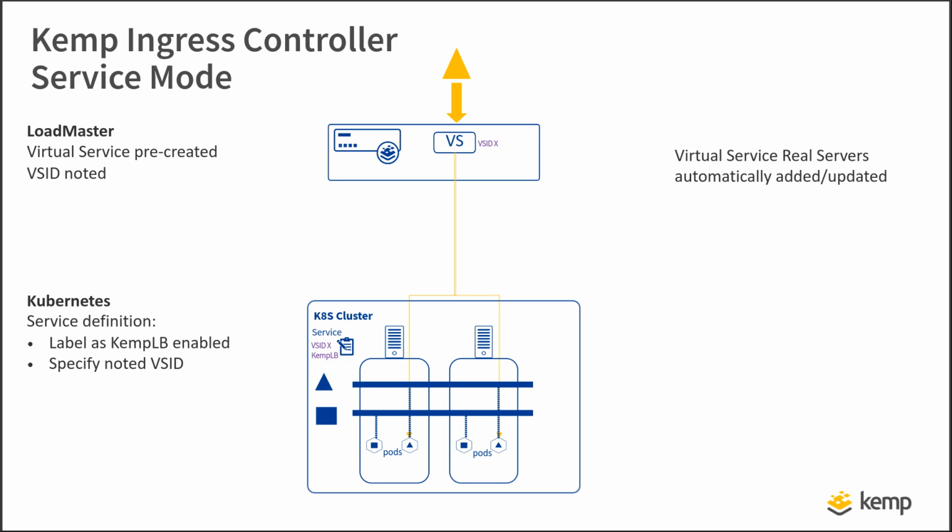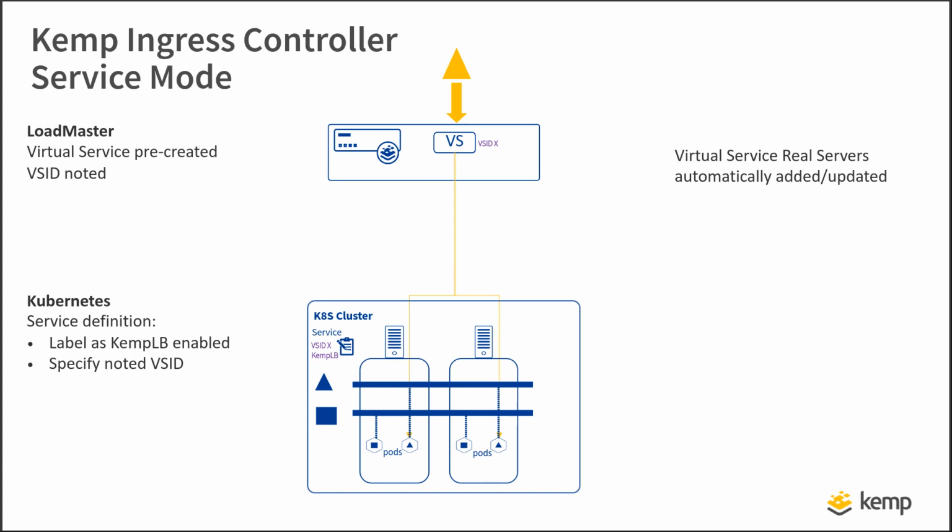We create a virtual service on a LoadMaster, and we just note its virtual service ID. If you're used to load balancing, a virtual service is typically an endpoint that has multiple real servers, and traffic is balanced across these. So in this case, we create the virtual service, but we do not add any real servers. We just take note of the virtual service ID that's used.